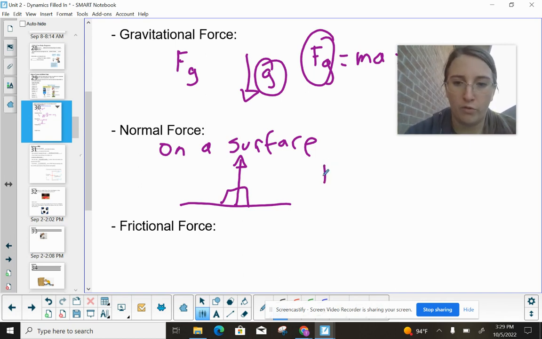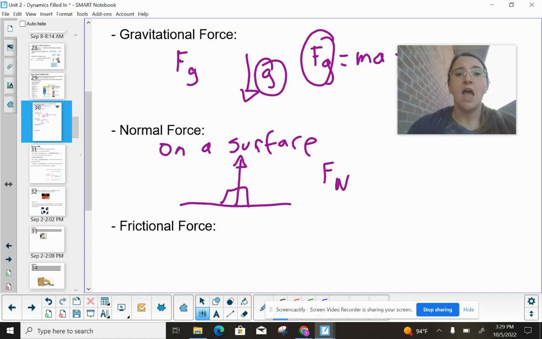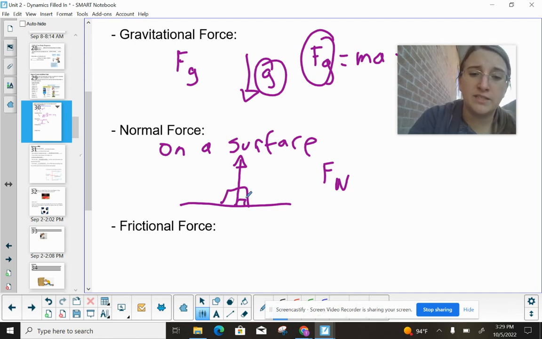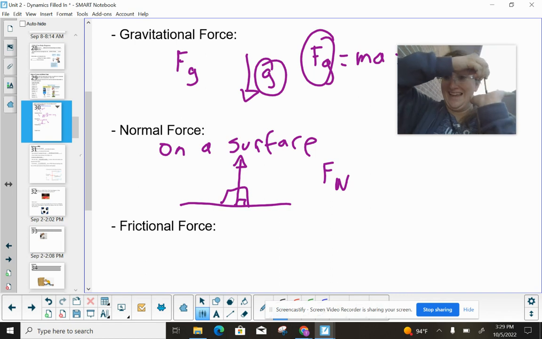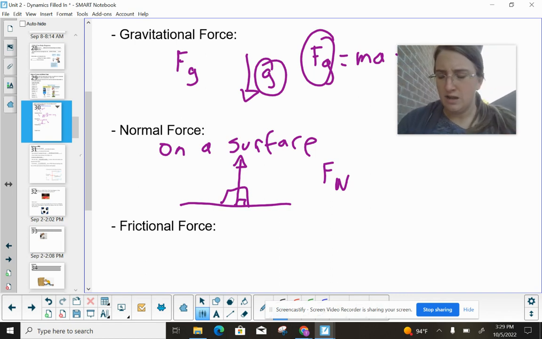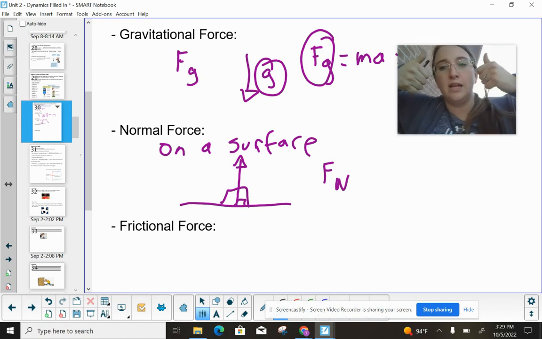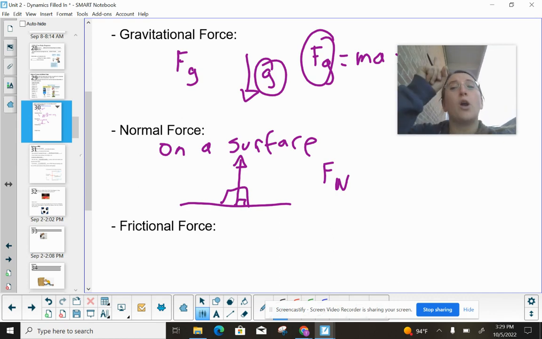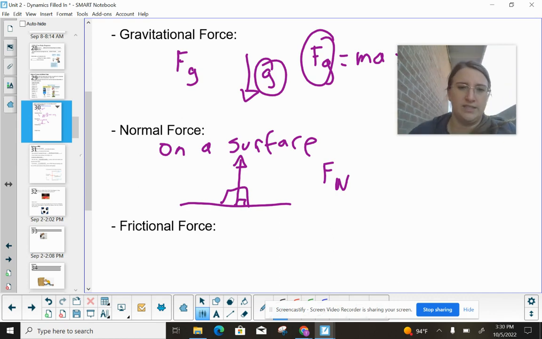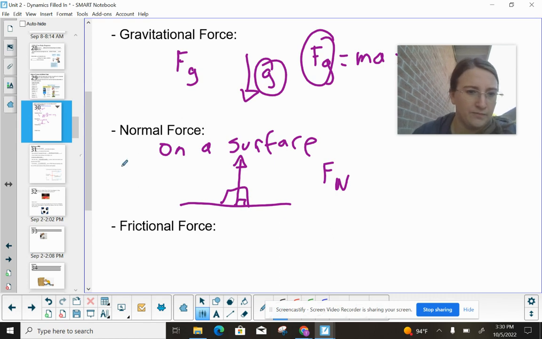We label the normal force Fn. It's always perpendicular to the surface, and we're going to clarify that later. This is the whole reason why you don't sink through objects. The surface I'm sitting on right now is pushing up against me, and that's why I don't sink down through it.